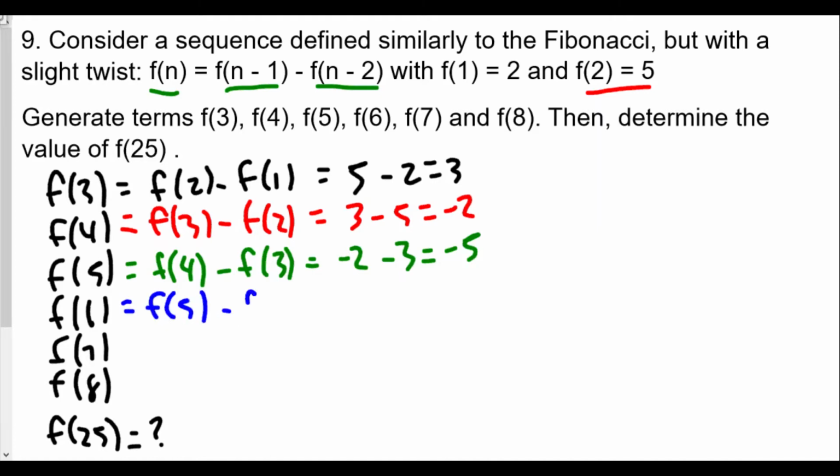f5 minus f4, which is equal to f5 is negative 5, minus negative 2, because f4 is negative 2, we get negative 3.